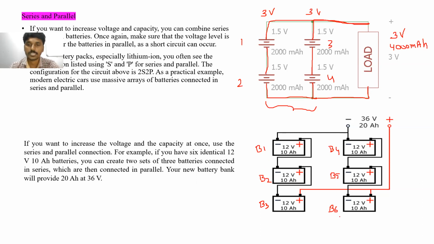These are the 6 batteries. Batteries 1, 2, and 3 are connected in series. Batteries 4, 5, and 6 are connected in series. Clear?